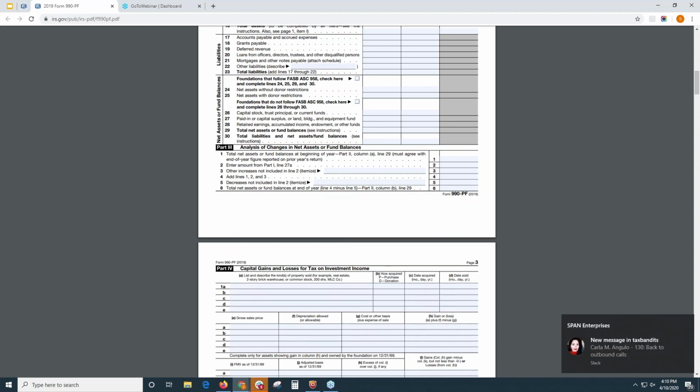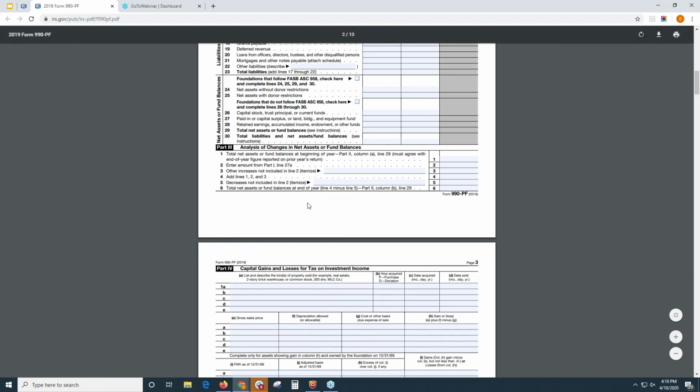Other increases not included on line 2 are reported using line 3. Add lines 1, 2, and 3 to get the amount that will be reported on line 4. Decreases not included on line 2 are reported on line 5. Total net assets or fund balances at the end of the year are reported on line 6.